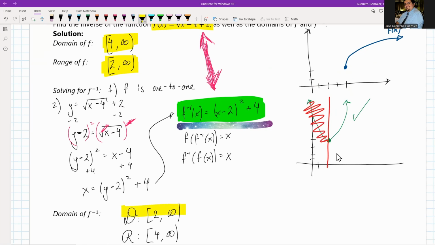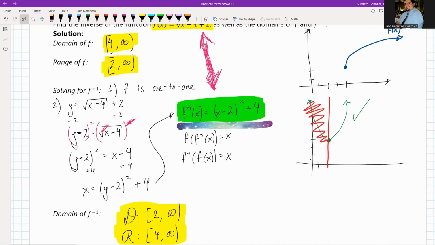That got taken care of by slicing our f inverse in half. We now can call these both inverses of each other, right? Okay. So that's why we say we have to restrict the domain of f inverse in order for it to be a true inverse of our function f. Okay.